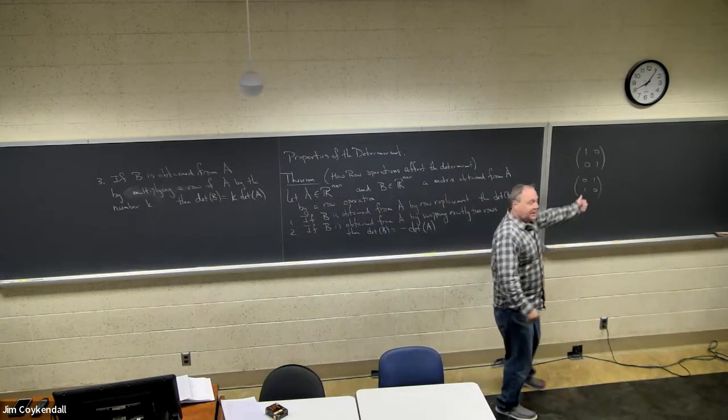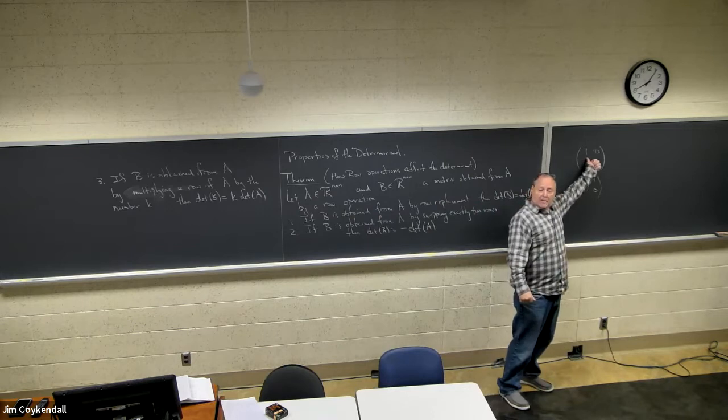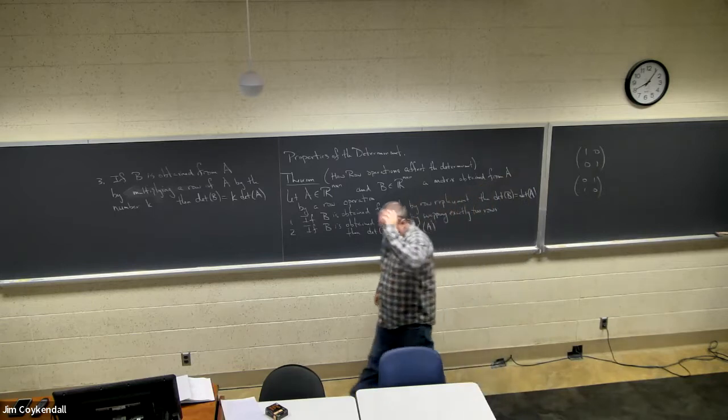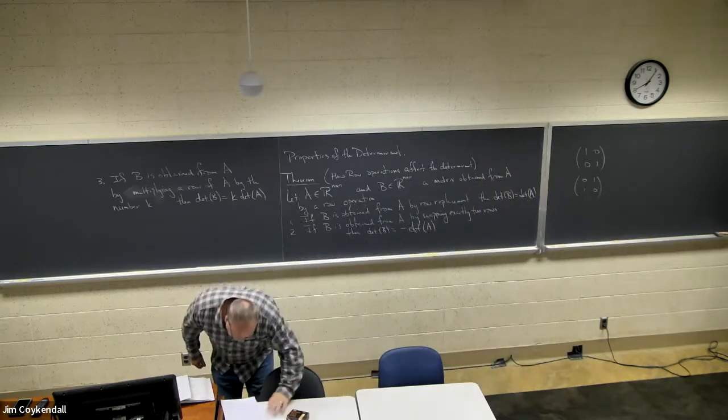You can see this happening here. Multiply that top row by 5, and in terms of determinant, 1 becomes 5, right? Okay.